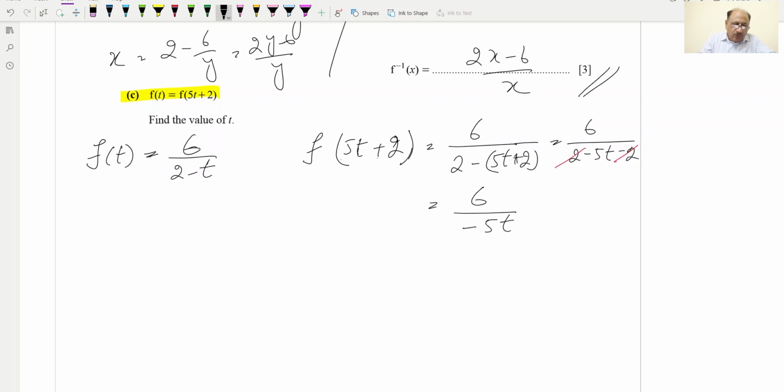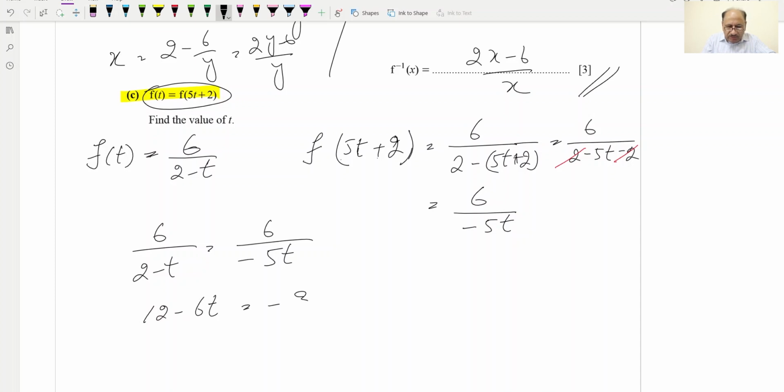And now by this equation we can write 6 over 2 minus t is equal to 6 over minus 5t. By cross multiplication we can write 12 minus 6t is equal to minus 30t. So 30t we can shift to this side, and minus 6t is equal to 12.